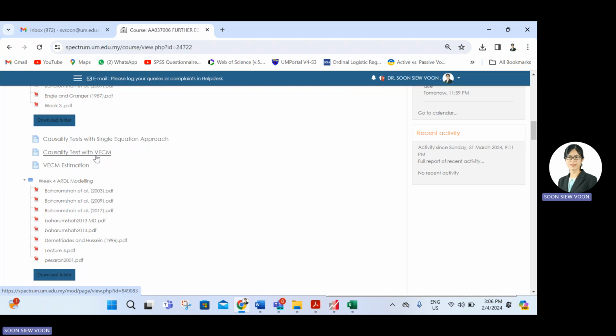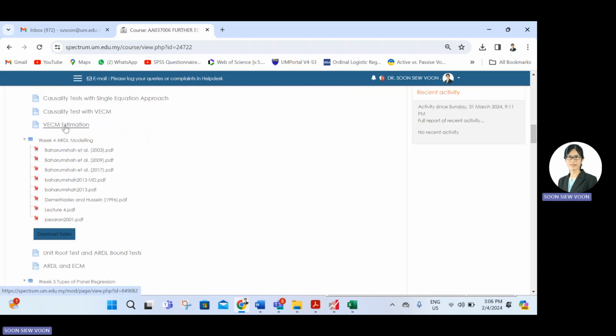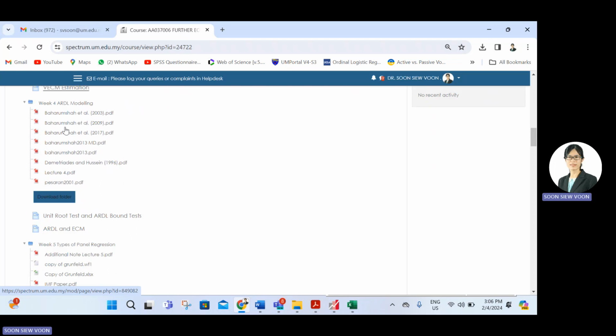Later on we will use the ARDL bounds test and then test the causality based on the ARDL framework. Not only that, we also can test the long run, right? Based on the ECT we just discussed, whether there is a long run causal or not. Then you can also go through how the YouTube video shows you how to run the VECM estimation.